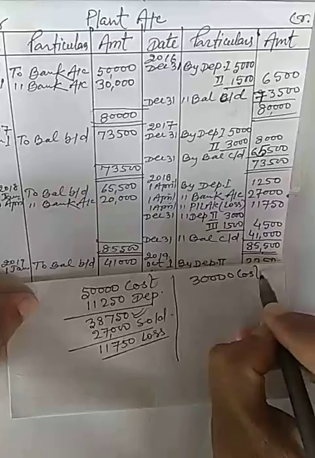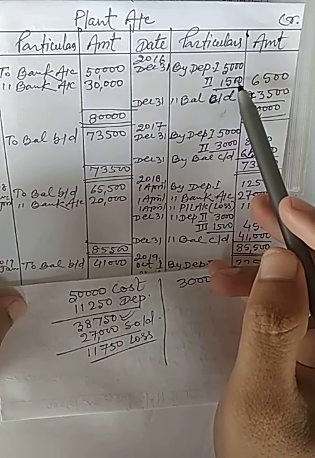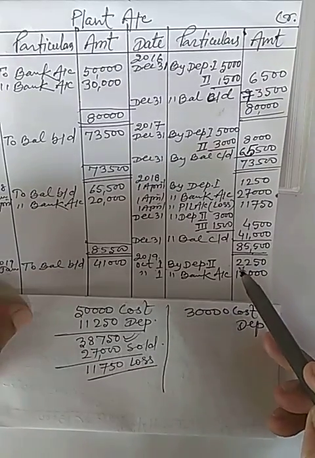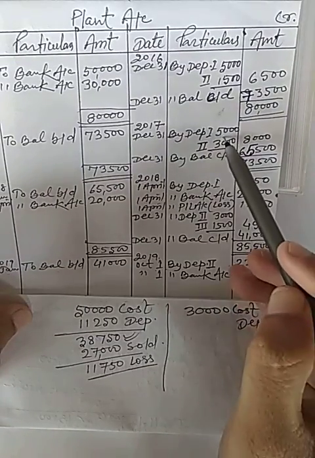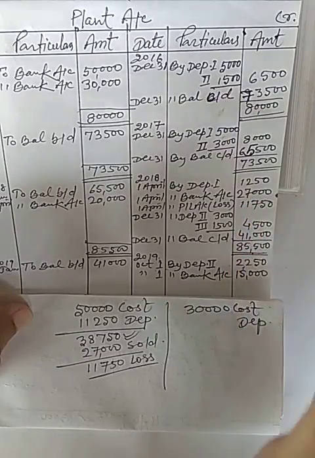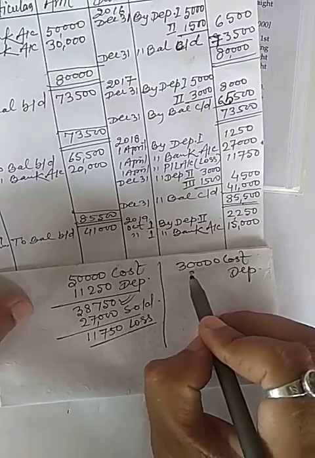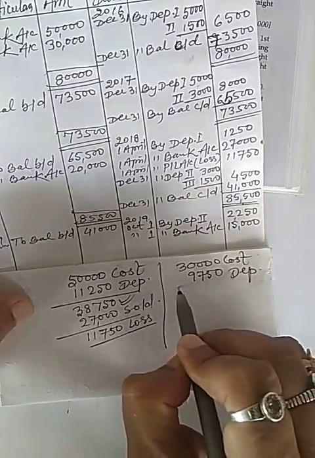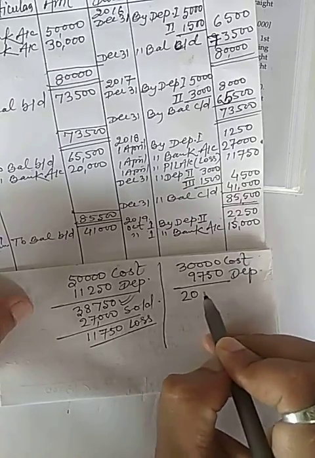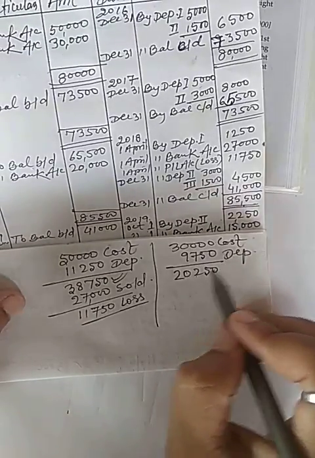Cost and total depreciation we have to calculate: 15,000, 1,500, 3,000, 3,000 and 2,250. So 9,750 I will write total depreciation, and remaining balance will be 20,250 after charging all the depreciation.